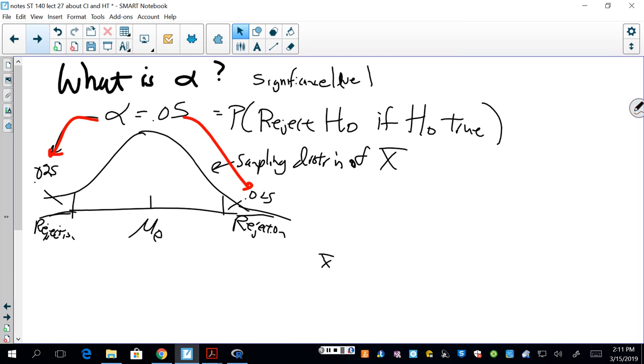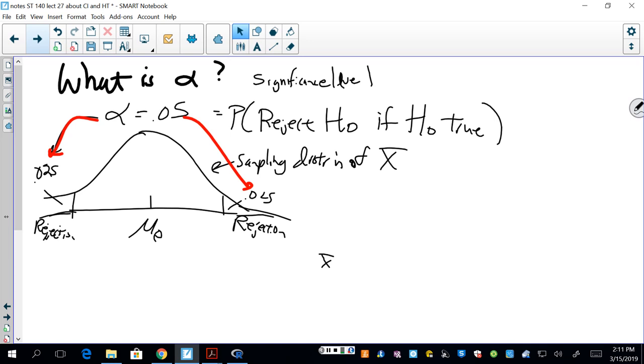Just like a confidence interval, about 5% of the time we miss, about 2.5% we miss high, 2.5% we miss low. It's because we're getting an X bar that's unusual. That's just the way it works out. That's an error assuming the null hypothesis is true.